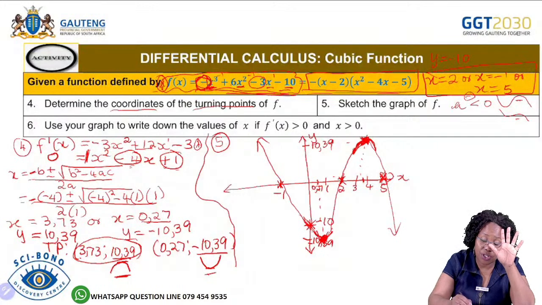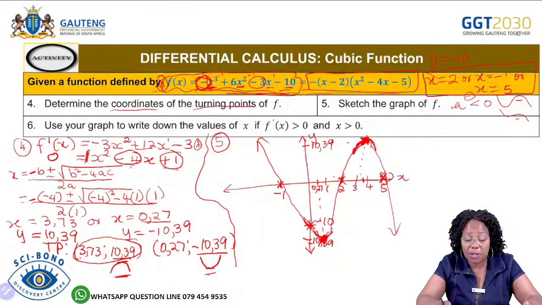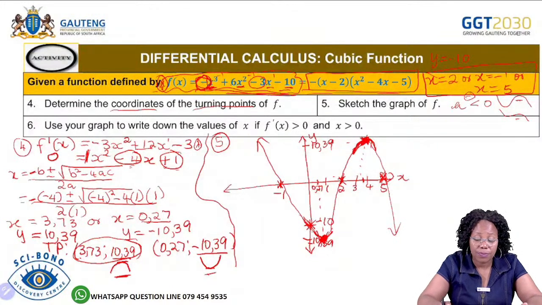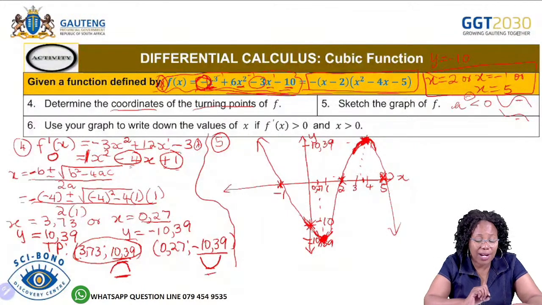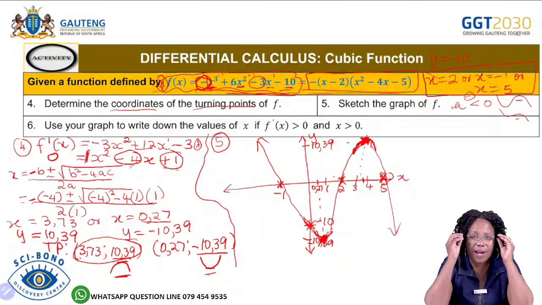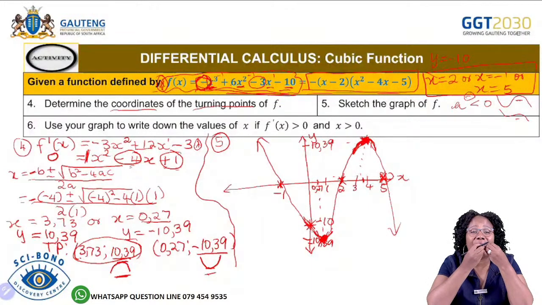Remember, the notation there at the maximum and minimum will assist you. Lastly, on number 6 now, they say use your graph to write down the values of x. Our answer must be in terms of x because we need values of x. And how are we going to get those values now?